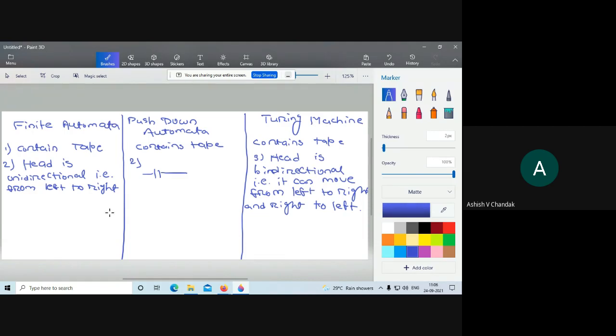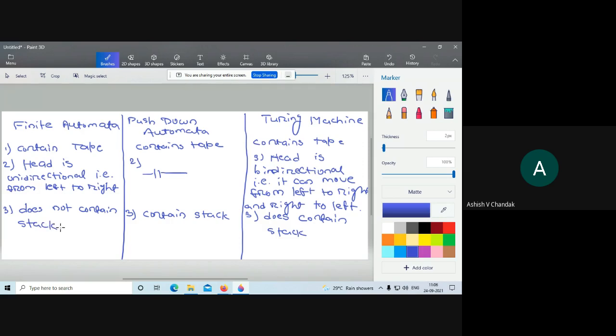Third, PDA contains a stack. Finite automata does not contain a stack. And Turing machine also does not contain a stack.